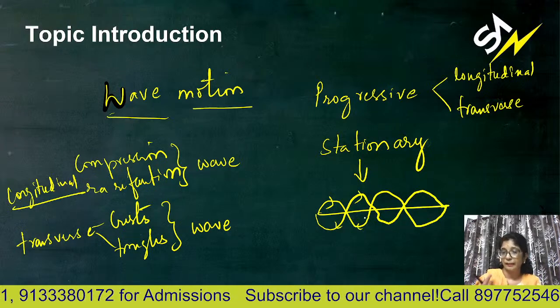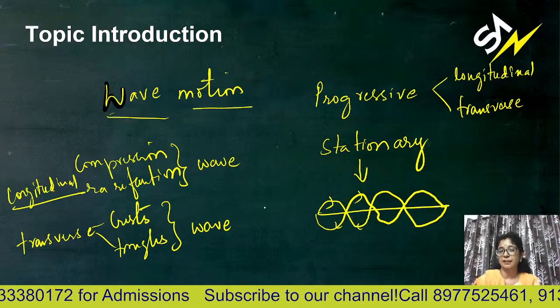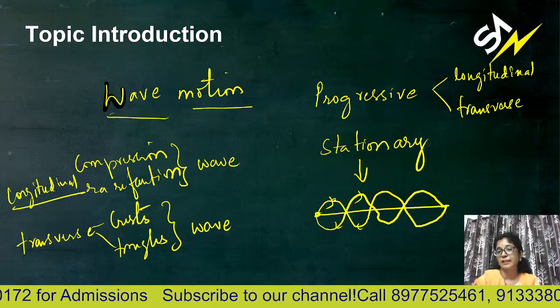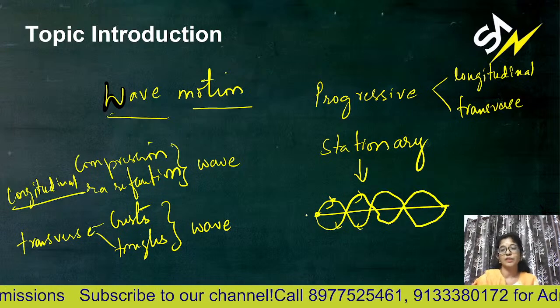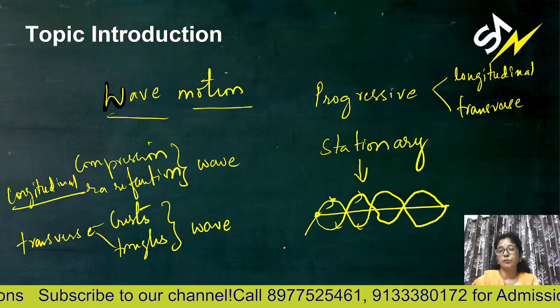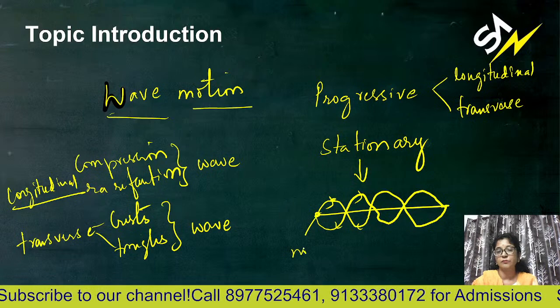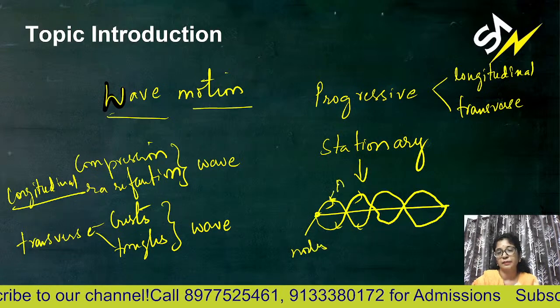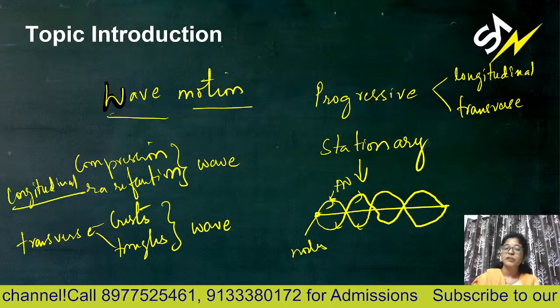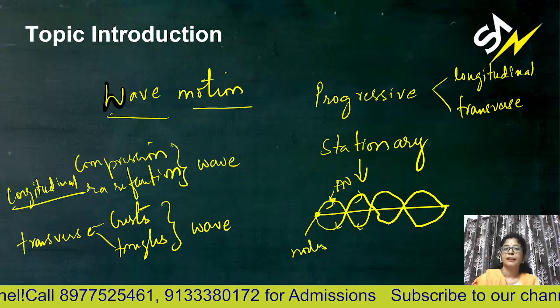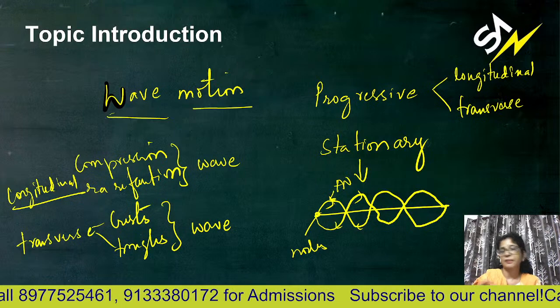When they combine together, you get a stationary wave, and stationary waves will have nodes and antinodes. Nodes are those with zero amplitude, and antinodes are those with maximum displacement, right? So this is about progressive and stationary waves, right?